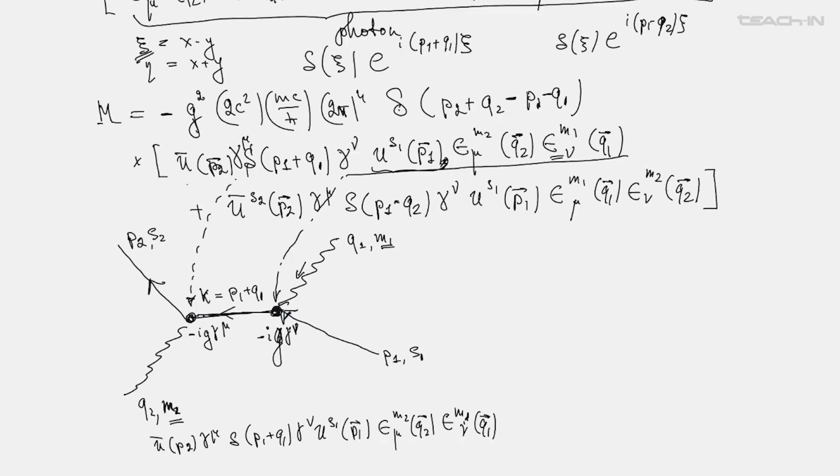Yes. So up to this unessential prefactor mc over h bar and the overall delta function, which describes the overall conservation law, this is a matrix element which you can put in correspondence with this nice graphical interpretation of the scattering process.